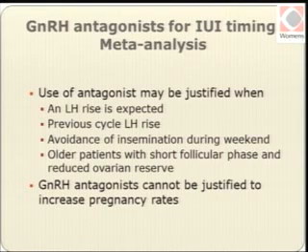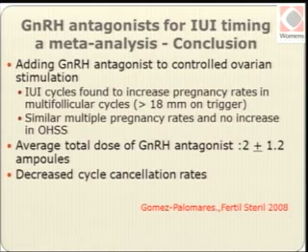There has been a previous cycle LH rise. There are people who really want to avoid insemination during weekends in some centers. Older patients with short follicular phase and reduced ovarian reserve may also surge prematurely and may benefit from this. But it cannot be justified universally in all IUI patients to increase pregnancy rates.